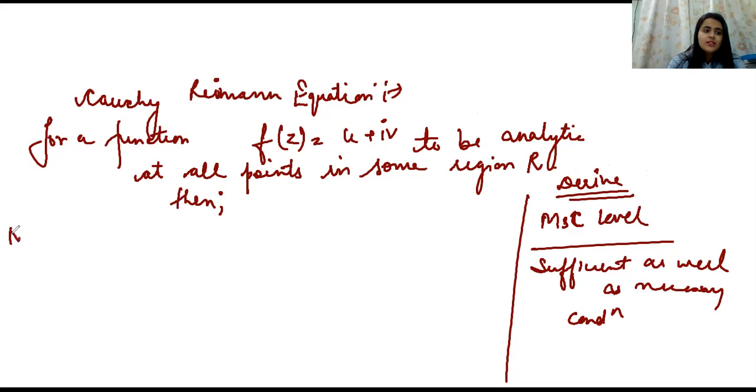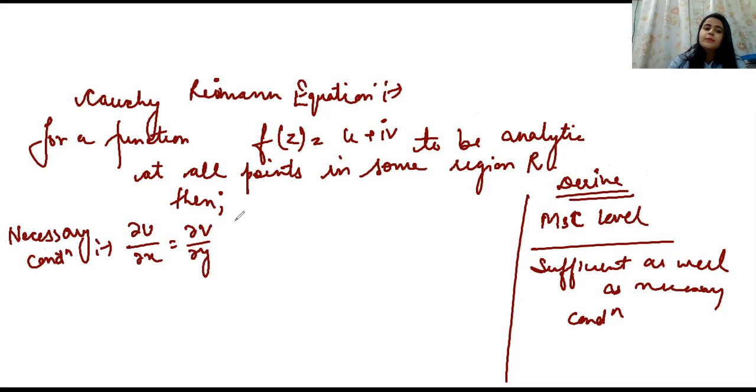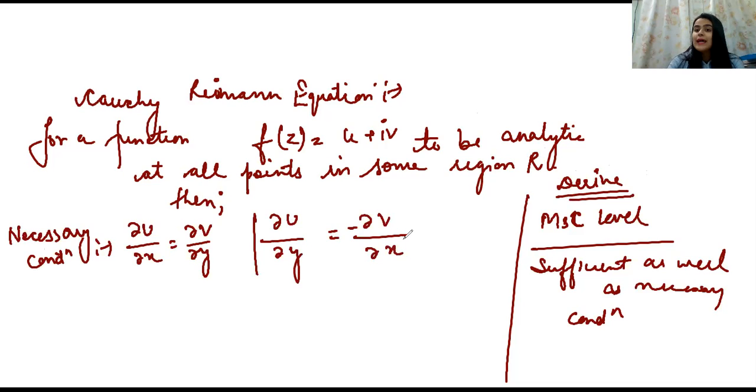So what will be the necessary condition? The necessary condition will be curl u by curl x is equal to curl v by curl y. Similarly, curl u by curl y is equal to minus curl v by curl x. That will be the necessary condition. And what will be the sufficient condition?